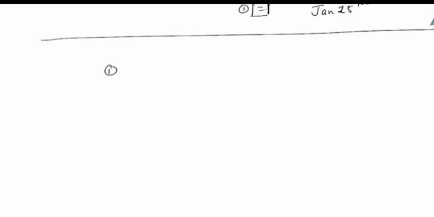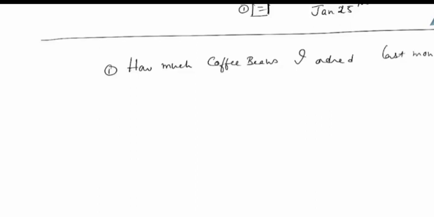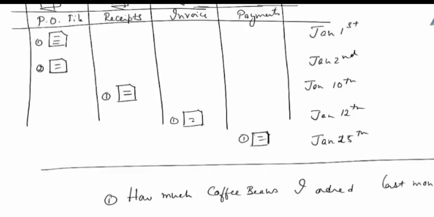Well, let's talk about the problem that we had. If I wanted to find out how much, say, coffee beans I ordered last month, can I answer that quickly? Yes.